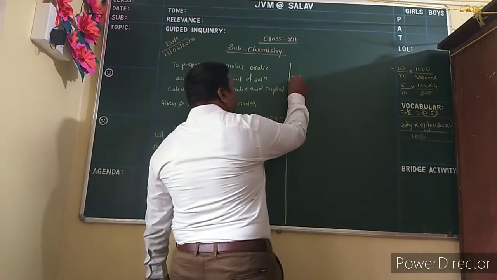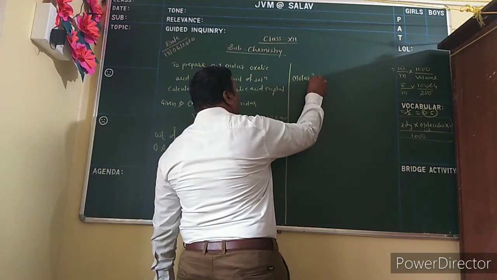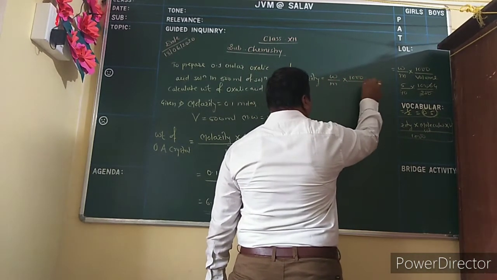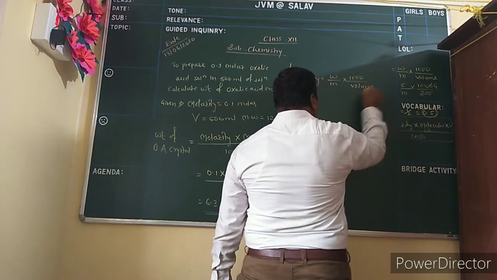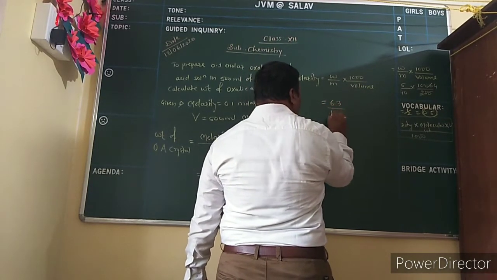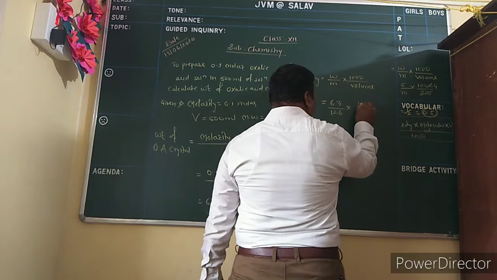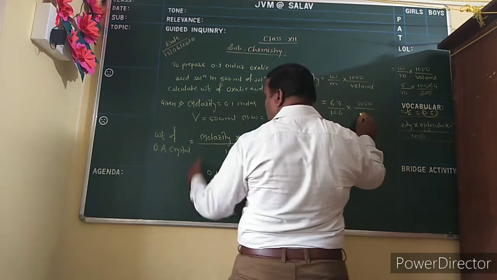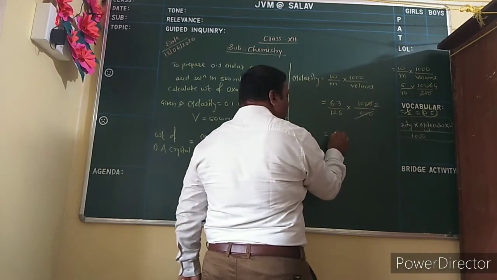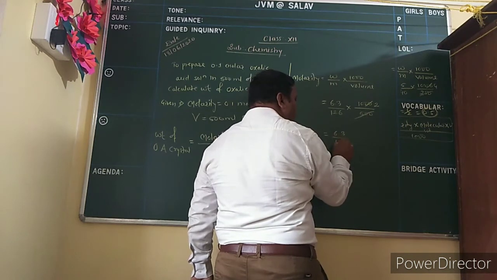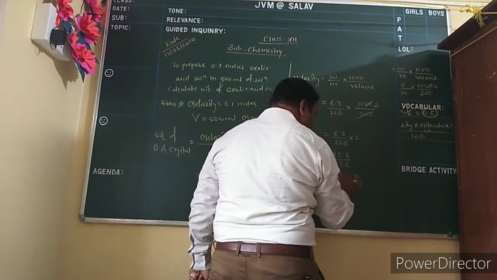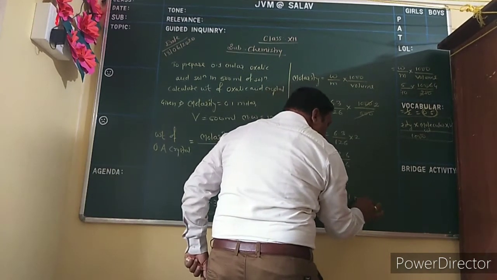So you apply the formula again. Molarity is equal to small w upon small m into 1000 upon volume. What value did we get already? 6.3. Molecular weight 126. Here 1000 upon volume, how much is it? 500. So 6.3 upon 126 into 2, 12.6 upon 126, that is 1 by 10, equal to 0.1 molar.